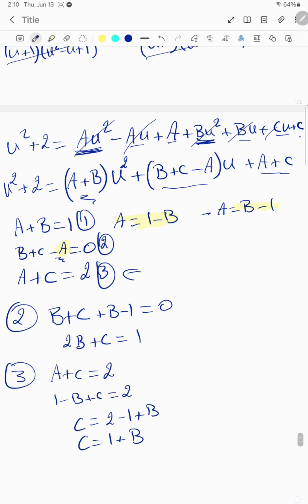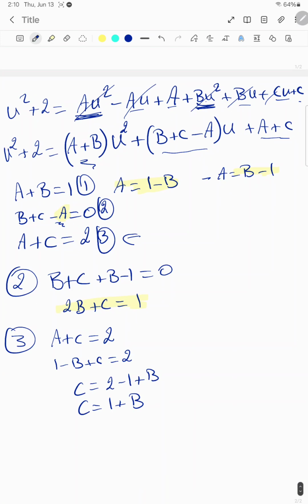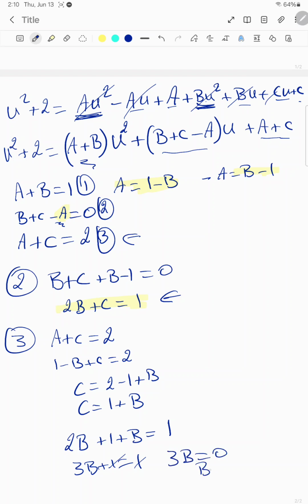And now if I want to replace c in formula 2, I would have 2b, and instead of c I would write plus 1 plus b is equal to 1. So I have 3b plus 1 equal to 1, the 1 and the 1 disappear, so 3b is equal to 0, that means b is equal to 0.